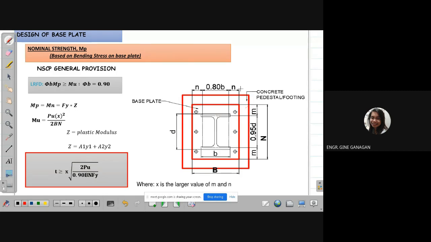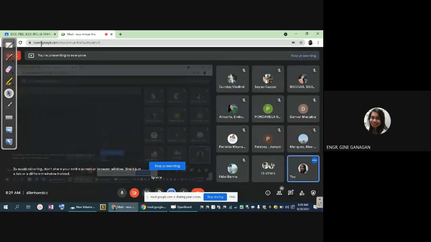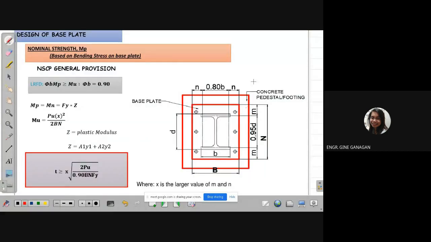So, consider yung bending stress on the base plate kasi nagbe-bend, meron tayong bending dito sa both width ng N, nagbe-bend tayo dyan, and meron din tayong bending dito sa M. Yan. Itong dimension ng M and N.